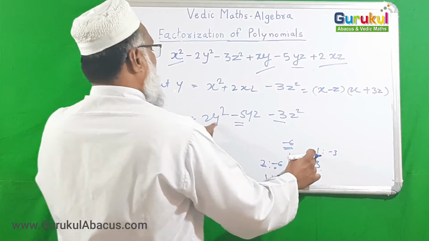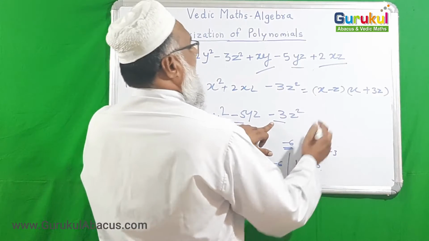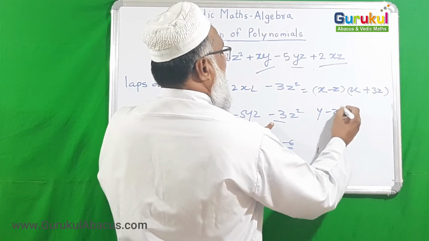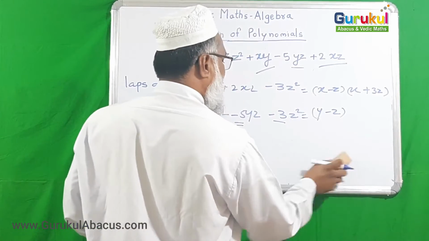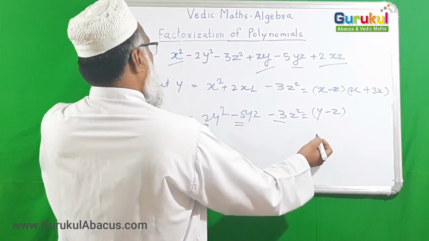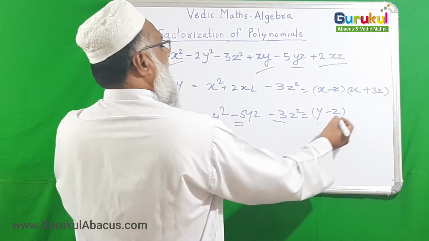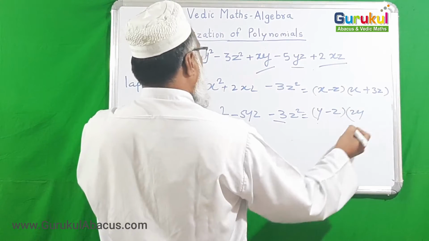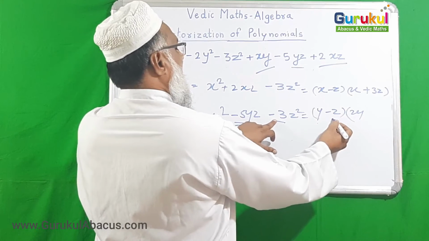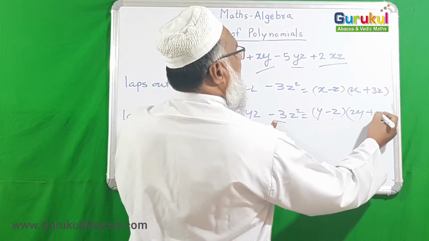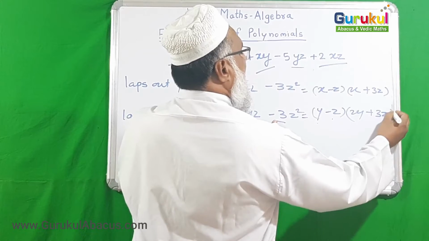So y minus z is our first factor, and now the second factor we can find just now. Divide it, so we will get 2y, and this much we are going to divide by z, again we are getting plus 3z, that's it.